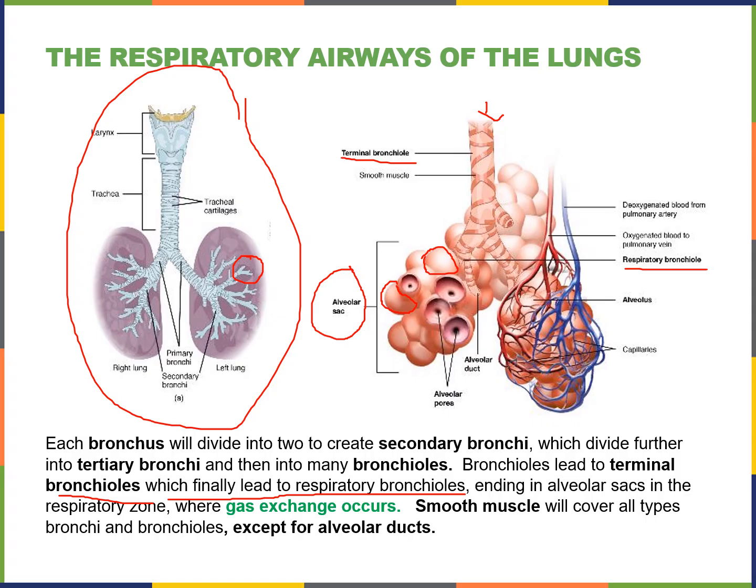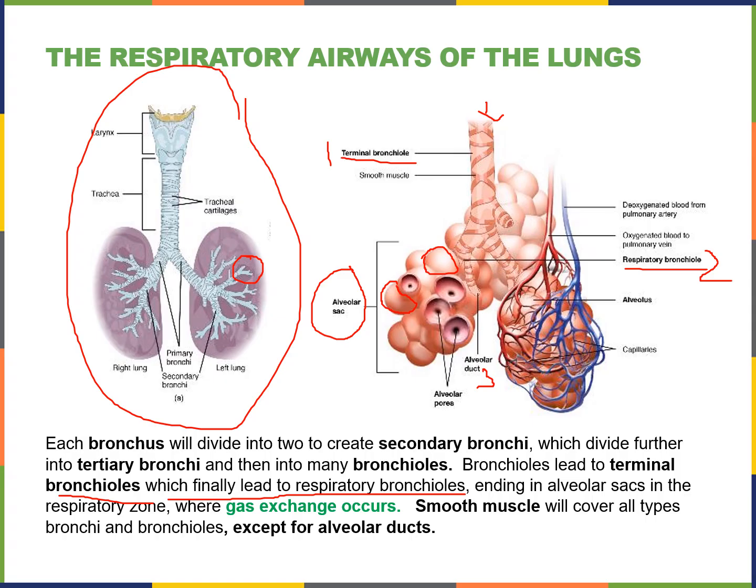So let's label the terminal bronchiole number 1, then respiratory bronchiole number 2. There's an alveolar duct, which is a passageway again, and that is what leads into the alveolar sac.